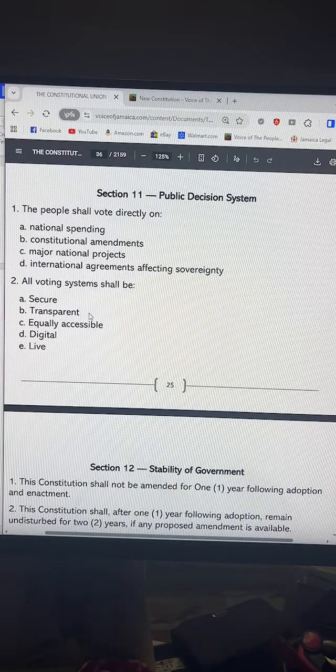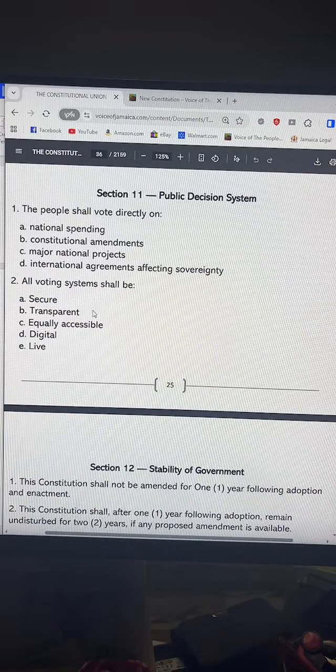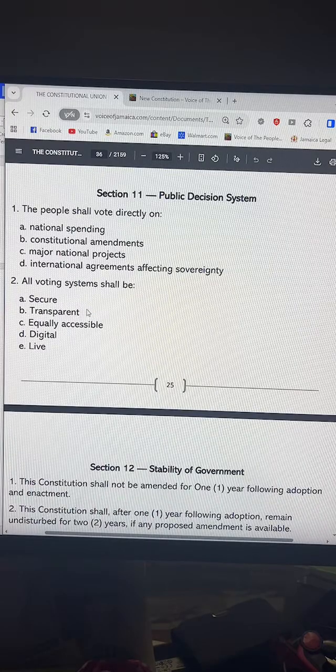And then for those who are abroad who want to vote, they would have to go through the app, or they would go through the website, or whatever means. And they would have the chance to also vote. As long as you're a Jamaican, you would have the chance to vote.